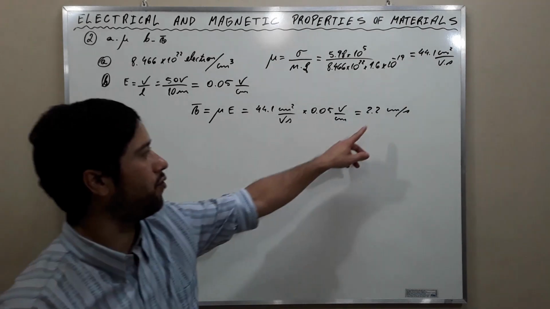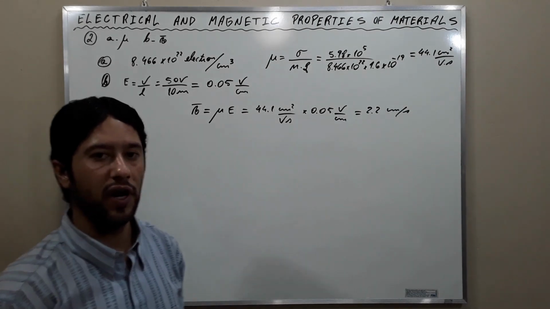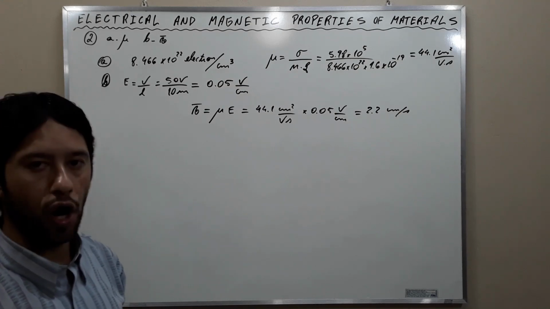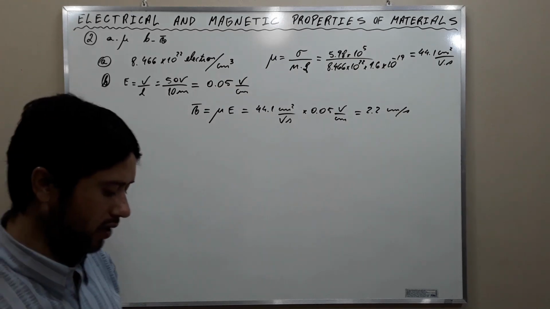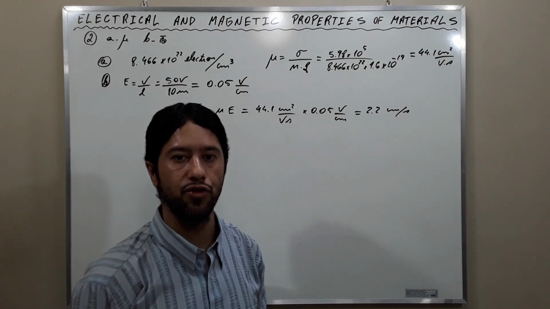This is the average drift velocity of electrons in copper. Okay, my friends, this is all for exercise 2.